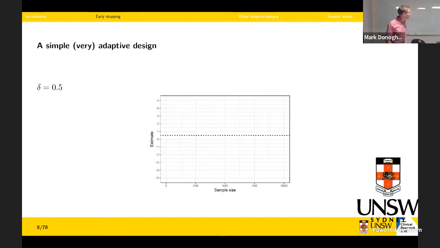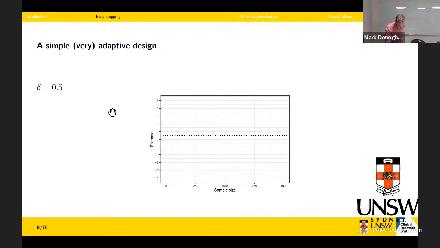So I'm just going to give an example of how this might work in practice. So I'll start just by outlining what this graph is going to show you. I'm going to talk hypothetically about an experiment we're doing where the truth is that there's a difference of 0.5 between, let's say, two groups.